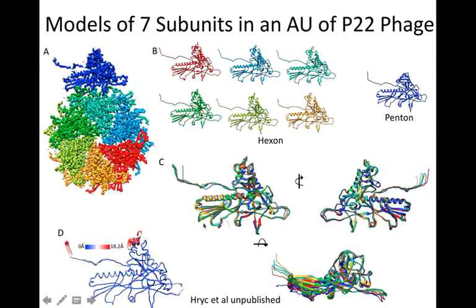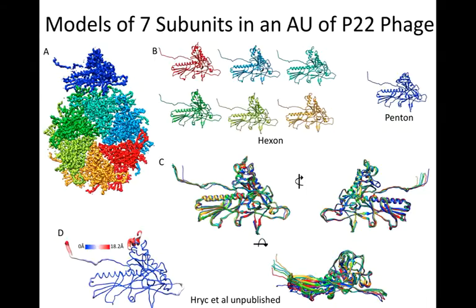And if we measure quantitatively, the N-termini deviate very much among the 7 subunits. And interestingly enough, there is one small helix facing the center of these hexons or pentons that also has large variations, which I will explain later on why that may be the case.